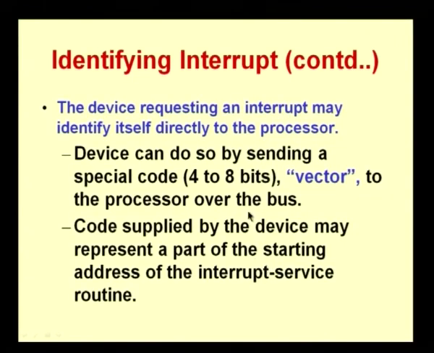When this vector is received by the processor, it uses that information to identify which device is interrupting the processor, and then it branches to the corresponding interrupt service routine. This is a process which is called the vectored mode of operation.